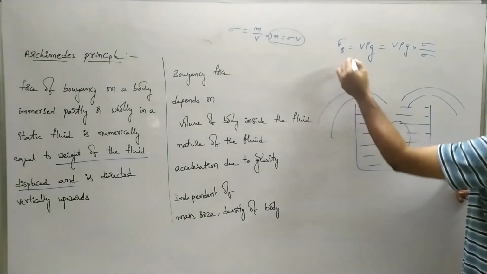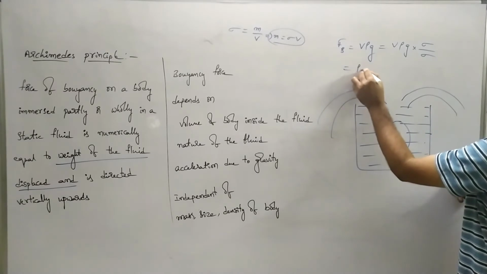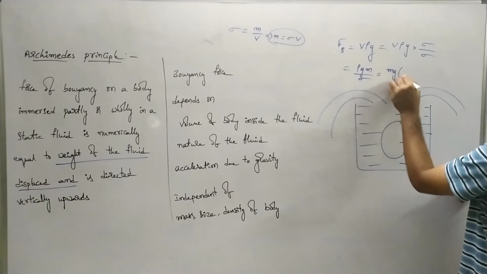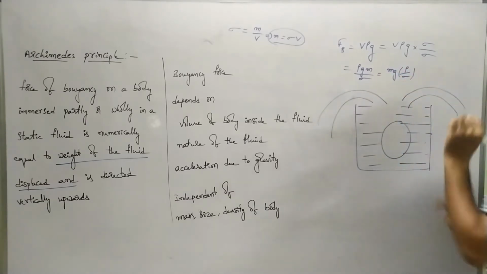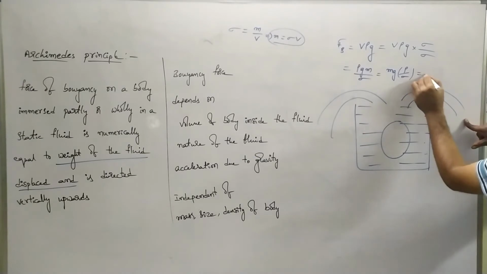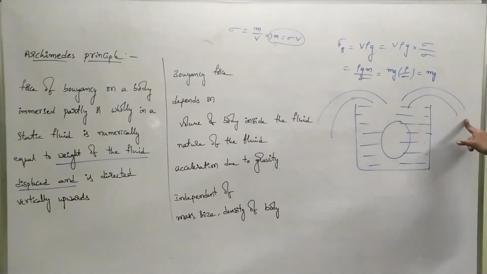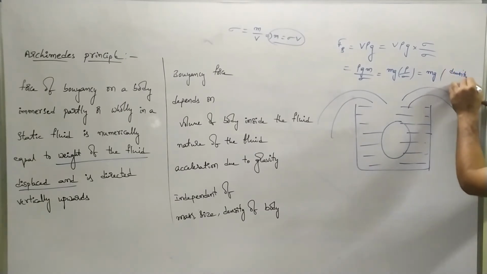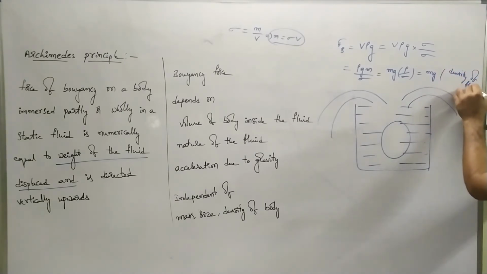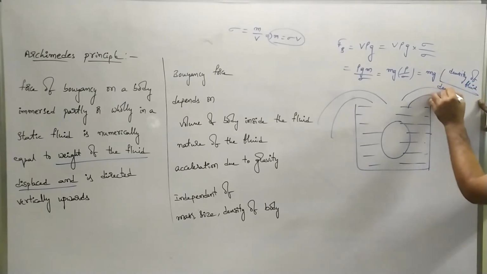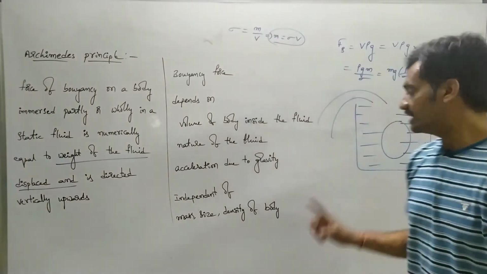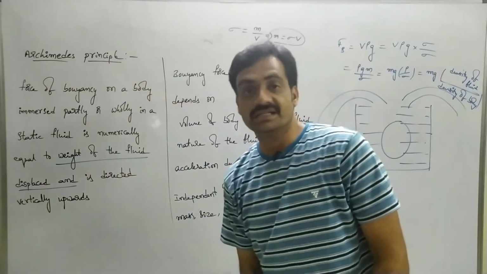As we substitute, the buoyancy force can be represented as rho g m by sigma, or we can represent it as mg into rho by sigma, or we can also consider it as mg, nothing but weight of the body, into density of fluid by density of body. So this represents the buoyancy force, and this is given based on Archimedes principle.